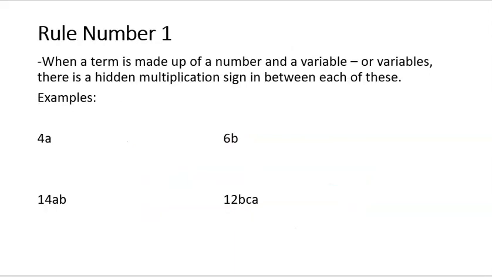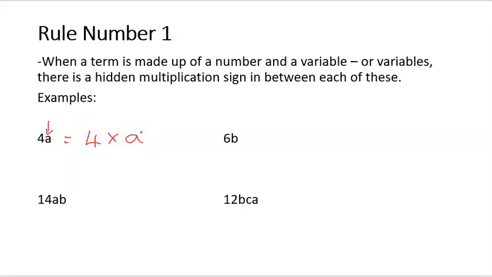So what are the rules for multiplying algebraic terms? When a term is made up of a number and a variable or variables, there is a hidden multiplication sign in between each of these. So 4a means there is a hidden multiplication sign in between the 4 and the a. So 4a actually means 4 multiplied by a.